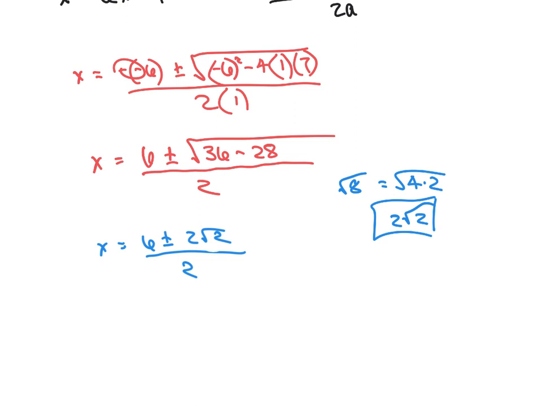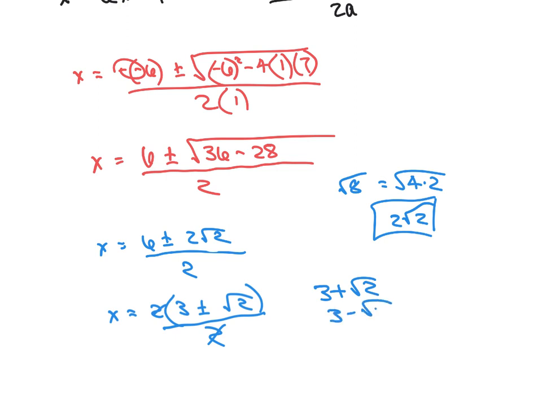So we are in the same place we were with the last problem, these are both even numbers, so I can factor a 2 out of there. And these cancel, leaving me an answer of 3 plus square root of 2 and 3 minus square root of 2.